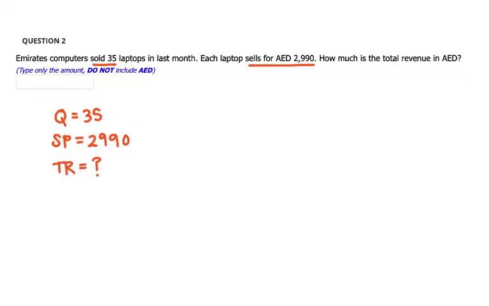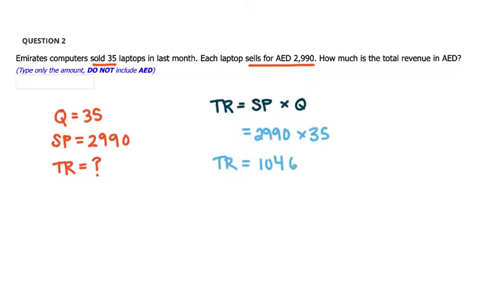Well, I know that the equation for total revenue is the selling price times the quantity. So the selling price in this case is 2,990. The quantity sold was 35. So I calculate the total revenue as 104,650 dirhams. That's the amount I collected from sales.